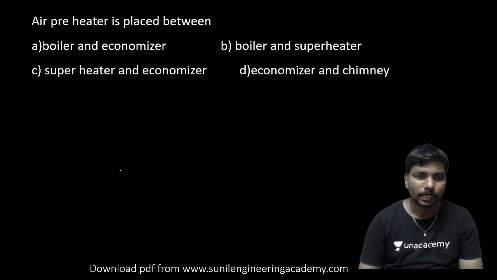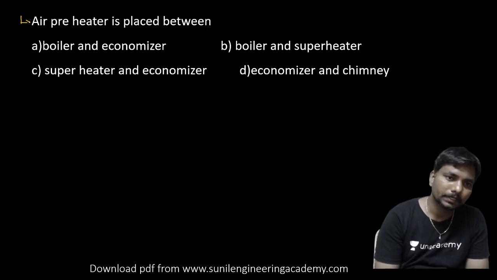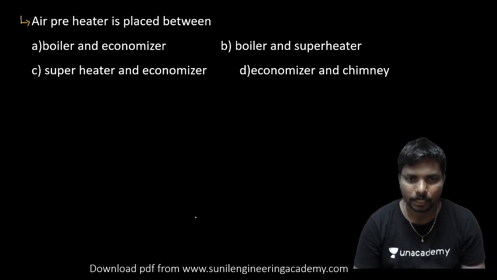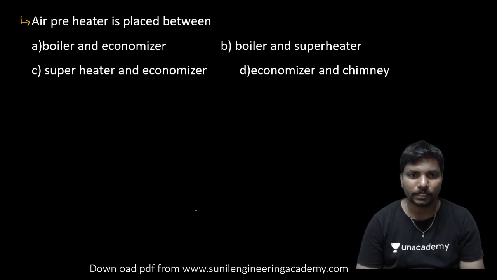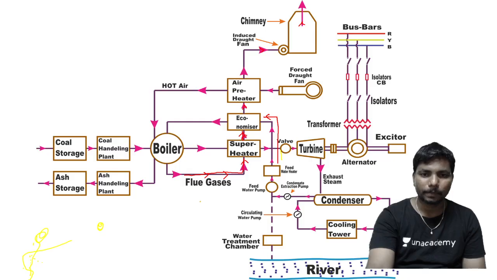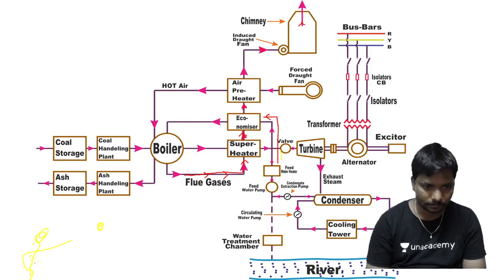Coming to the next one. Air preheater is placed between dash. Boiler and economizer, boiler and superheater, superheater and economizer, economizer and chimney. Where is this air preheater placed? Let us check.